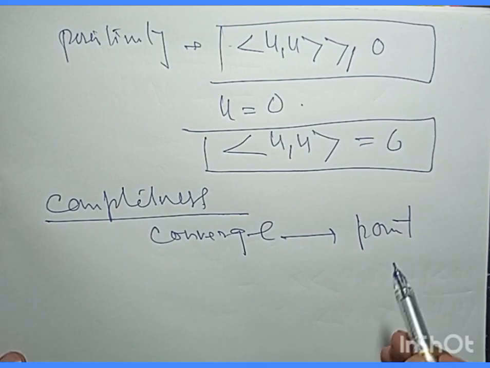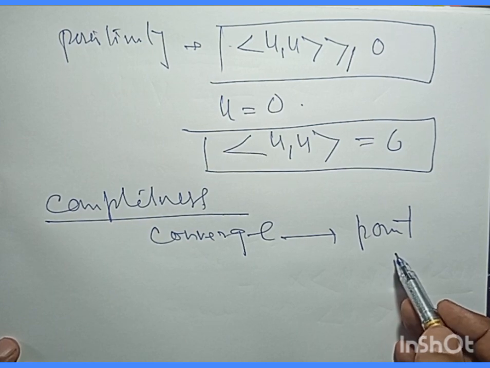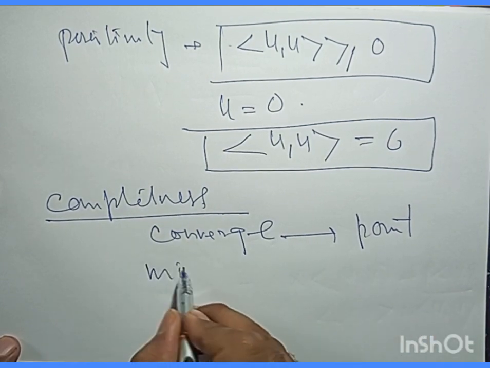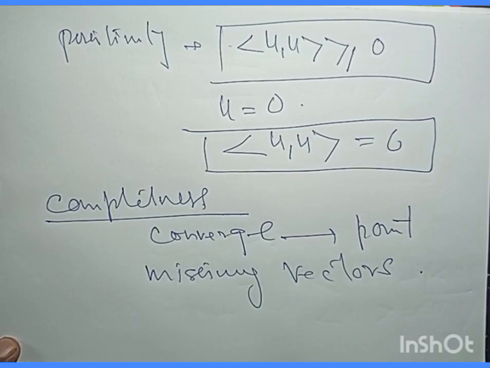So if all the vectors converge to a point within the space, this ensures there are no missing vectors.